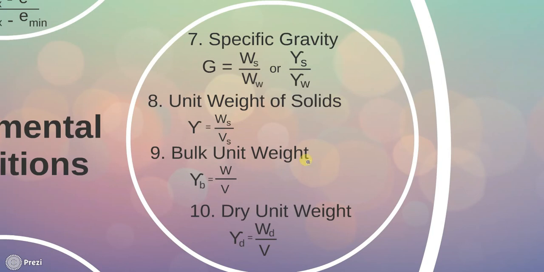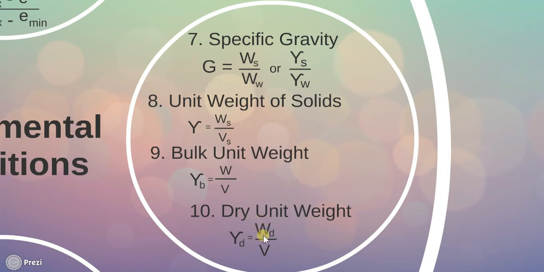Bulk unit weight is defined as the total weight of the soil mass per unit total volume, and bulk unit weight is denoted by gamma B, gamma in suffix B. Dry unit weight is defined as weight of soil solids per unit of total volume of soil mass.